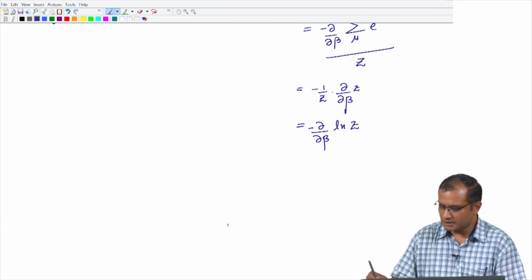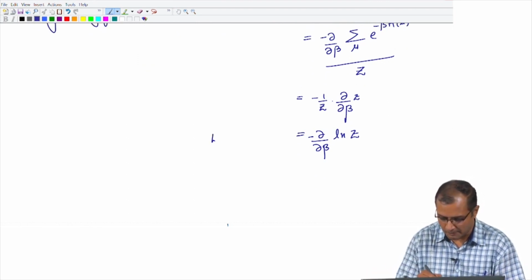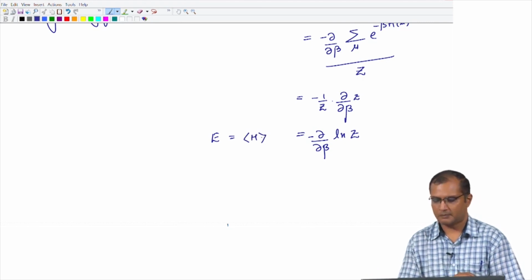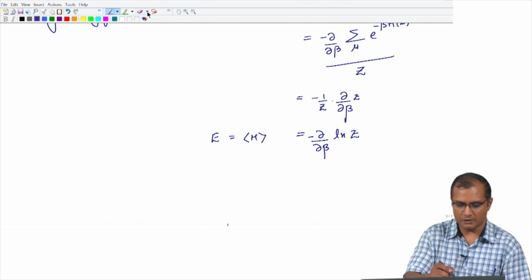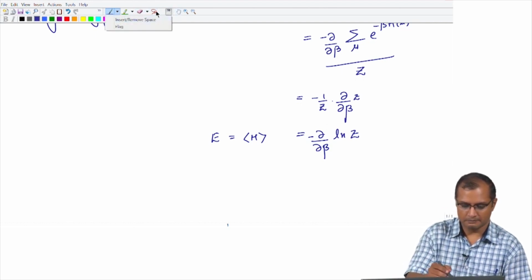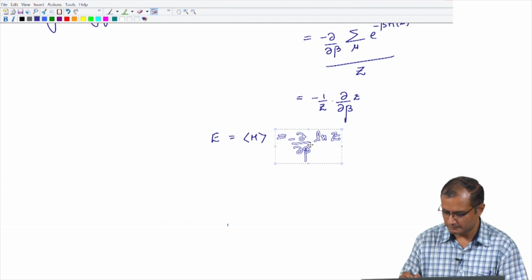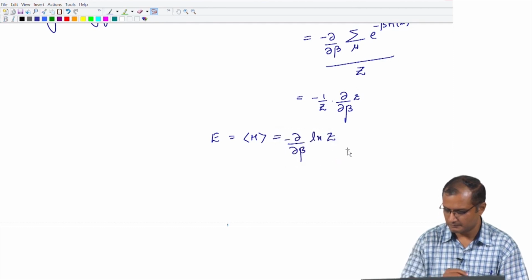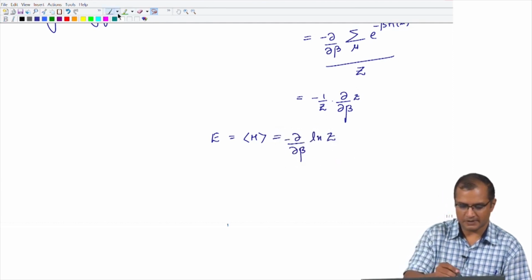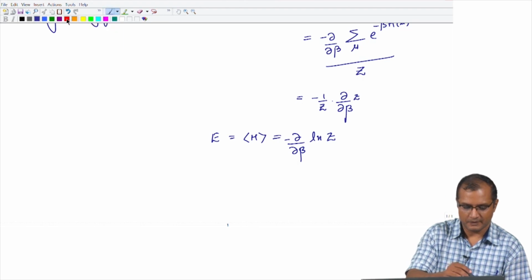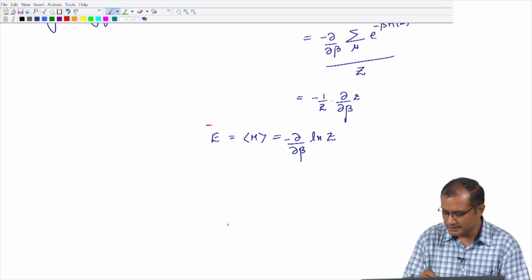And this is nothing but the average energy in the system. Fine. So, what I am going to do is just underline this important result.